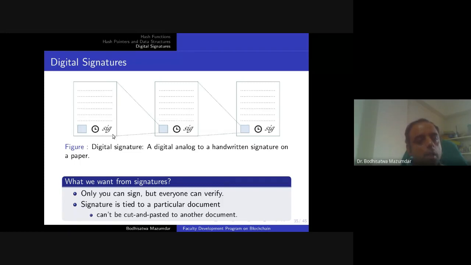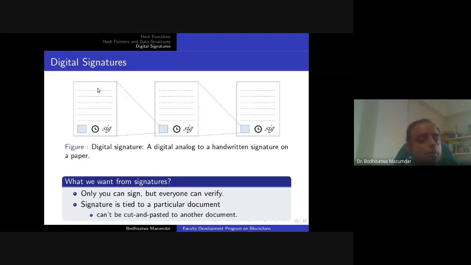But this signature can be verified by any other person in the system. So what we want from signatures is: only you can sign, but everybody else can verify. And the signature is tied to a particular document.